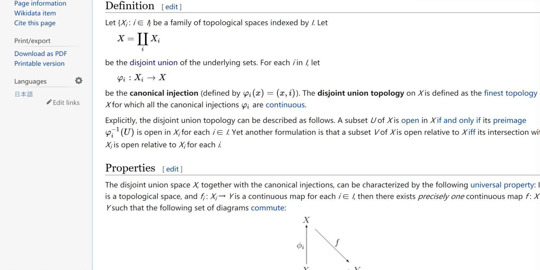When we define it this way, we find that φ_i is continuous. That is the finest topology, because when you define too many open sets there is a problem, but if you define fewer open sets there is no problem. That's why we choose the finest one to make this work.